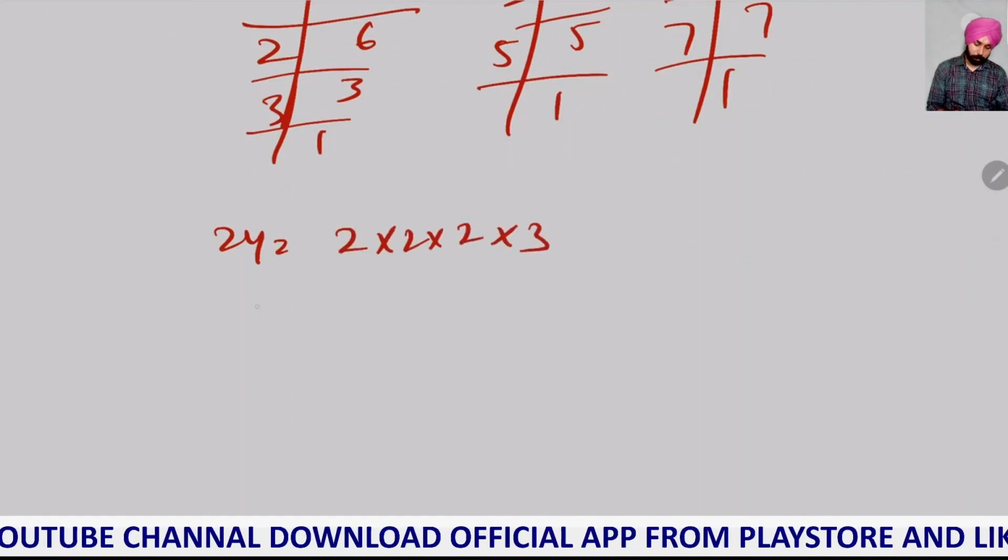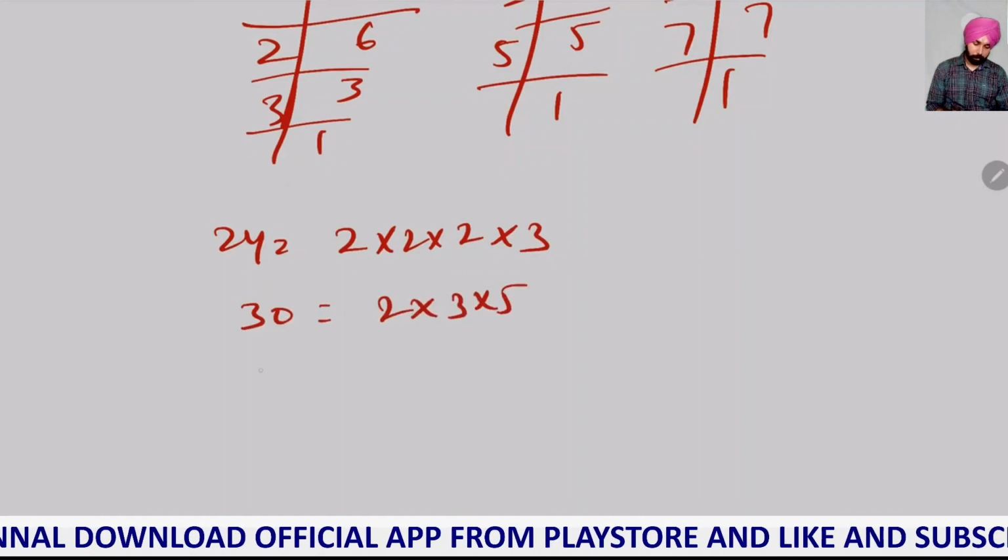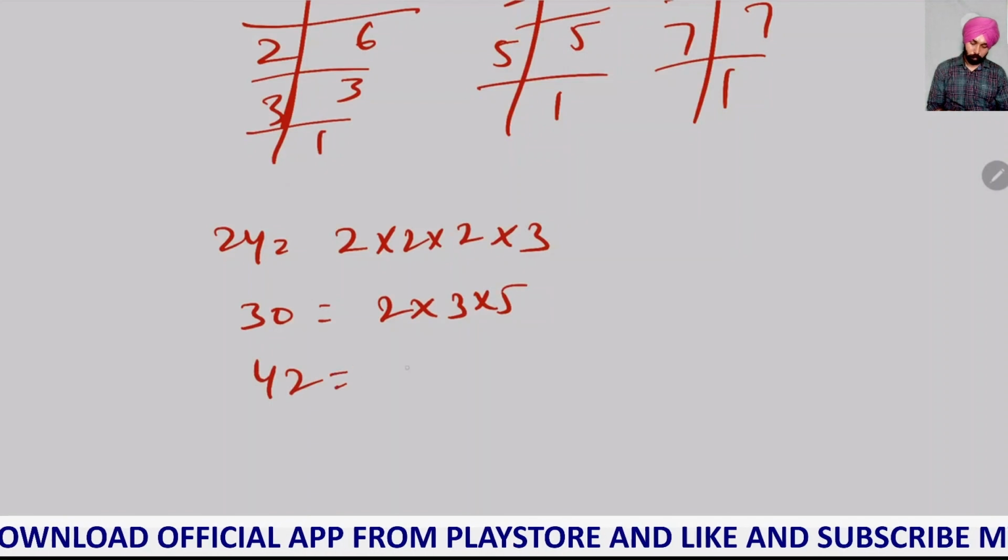Then 30 is 2 times 3 times 5, 42 is 2 times 3 times 7.